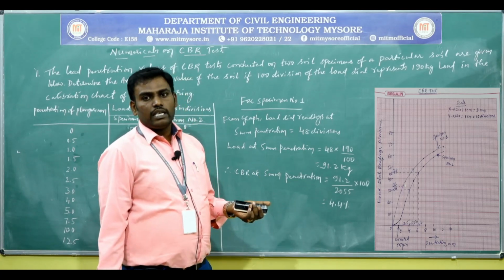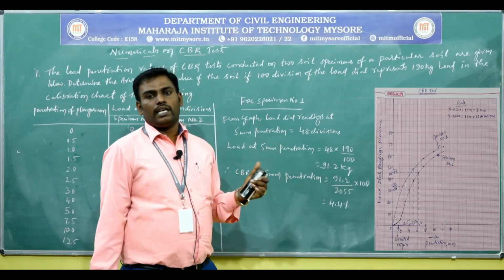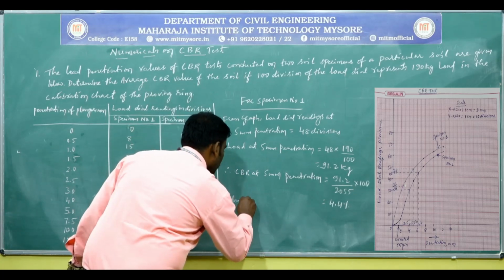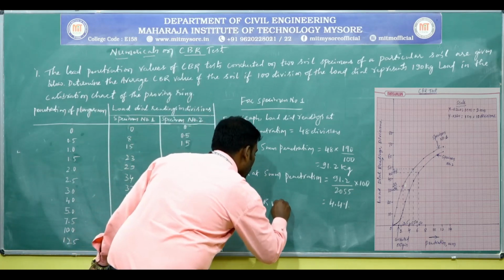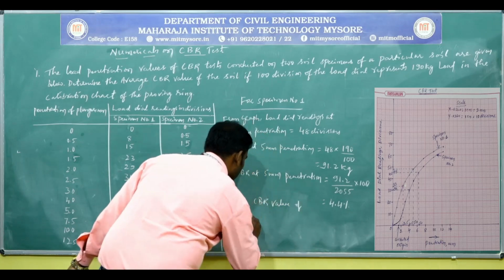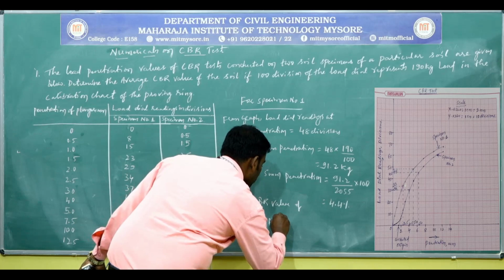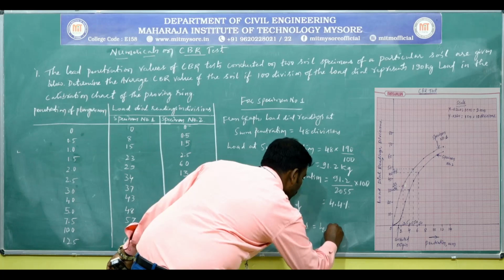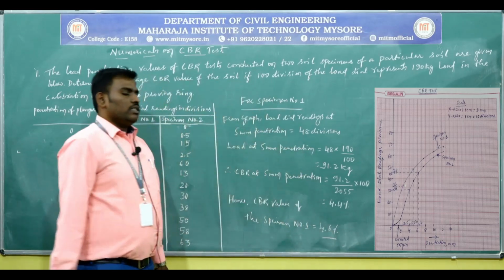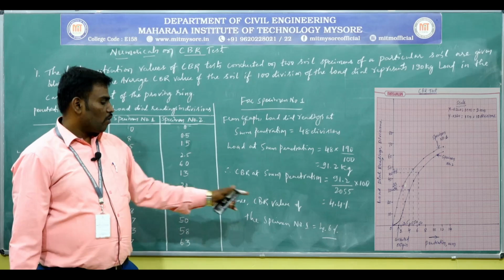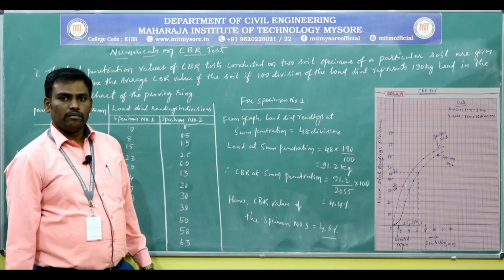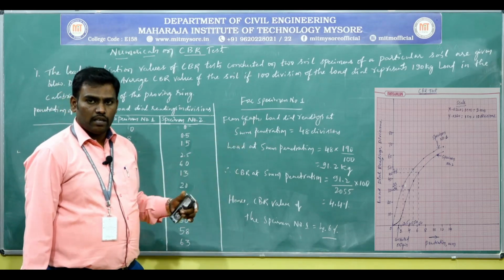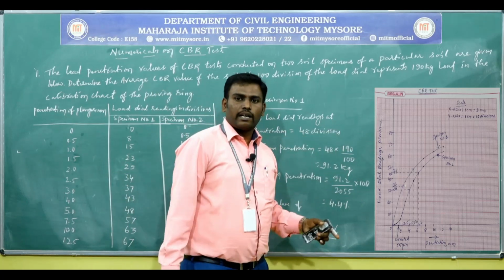Therefore, the CBR value of specimen number 1 is 4.6%. Okay, this is regarding the CBR test for specimen number 1.